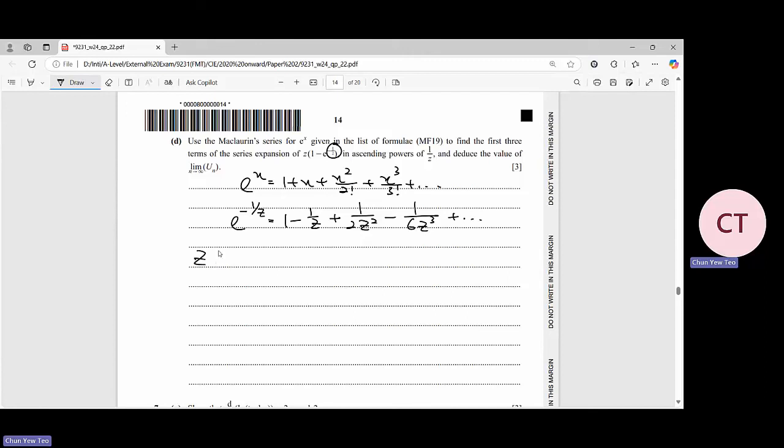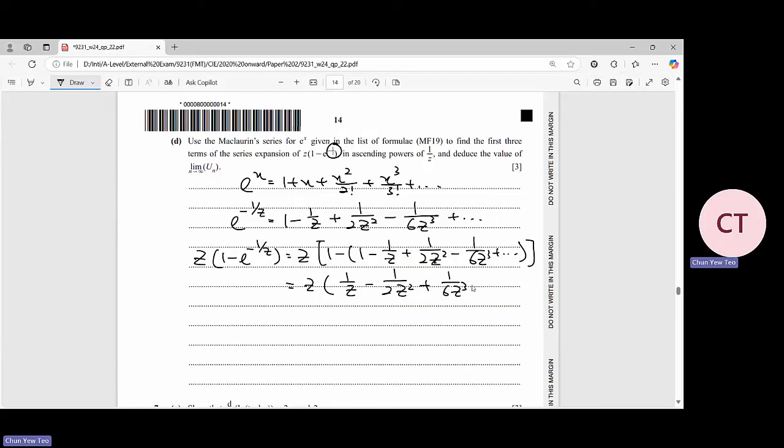Then the series that they want you to find will be the same as z times (1 minus this). If you cancel it, you will get 1 over z minus 1 over 2z squared plus 1 over 6z cubed.